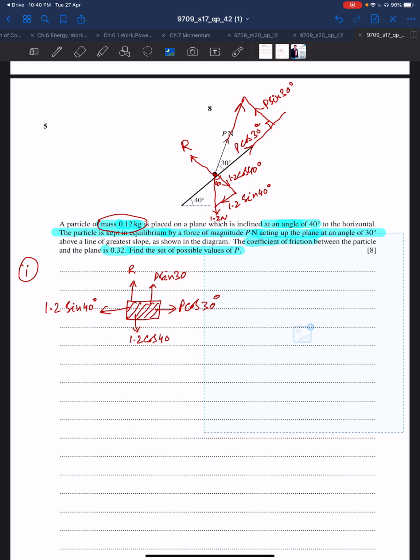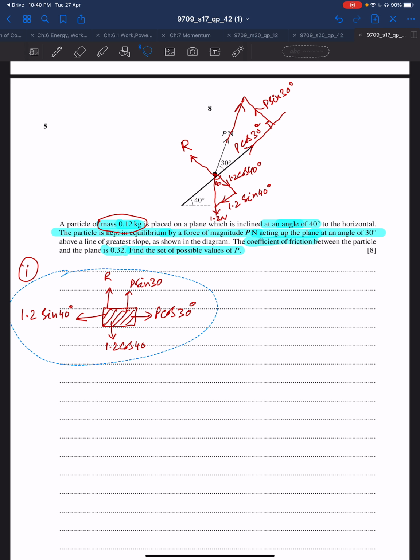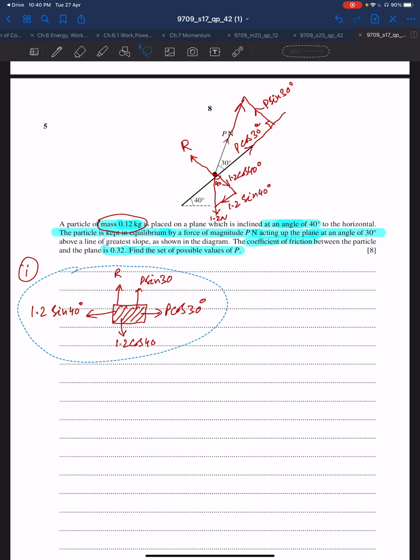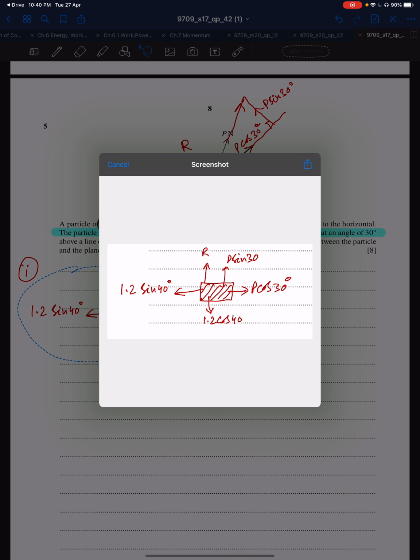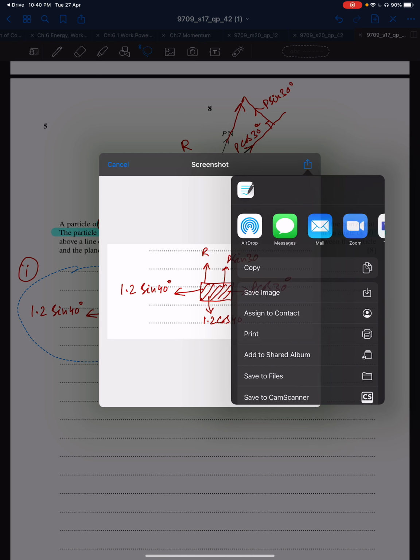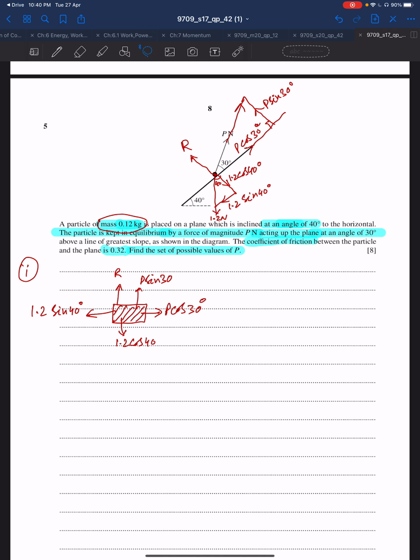Let's wait. Sorry. I have to copy it again. I'll move it a little to this side, and also I'll take the snapshot. Copy and paste it here.